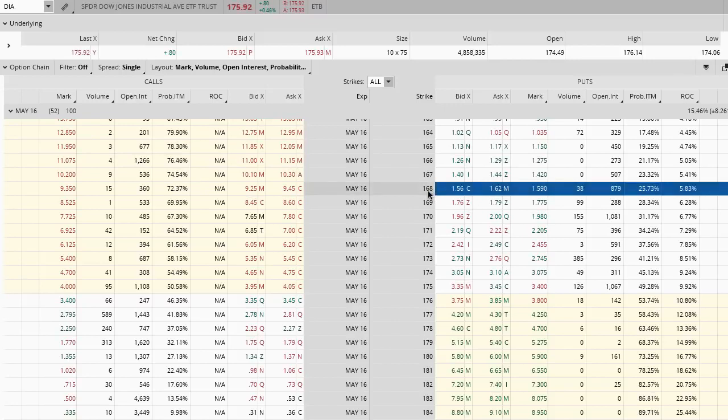Okay, so here's the deal. If we were to sell the 168s on the put side, because we think the market probably can't go as low as 168, we now know that the probability of the market getting there and closing below that level is 25%. So if we think about it, our 70% chance of success trade must have a 30% chance of losing on both sides.